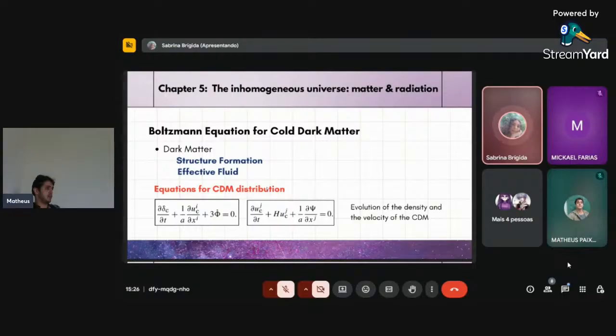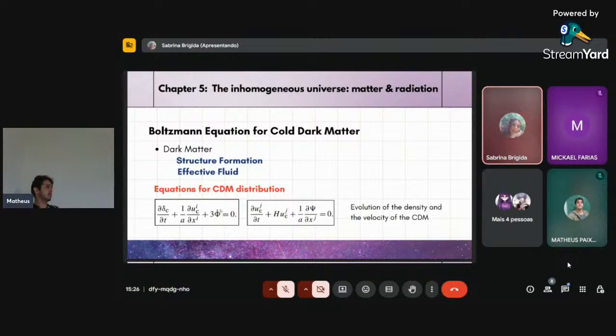So we can find two equations that govern the evolution of the density and the velocity of the cold dark matter that are represented by these differential equations. So this is our set of equations for cold dark matter that we are considering, that are fluid equations that we find by integrating the Boltzmann equation.